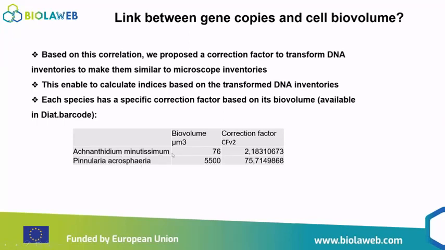For instance, for Achnanthidium minutissimum, if you want to transform into microscopic-like data, the correction factor is small. It's not the case for Pinnularia, which is a big diatom. To make it more similar to microscopy in terms of floristic list, you have to divide the number of copies or reads you find in DNA by a much bigger correction factor.